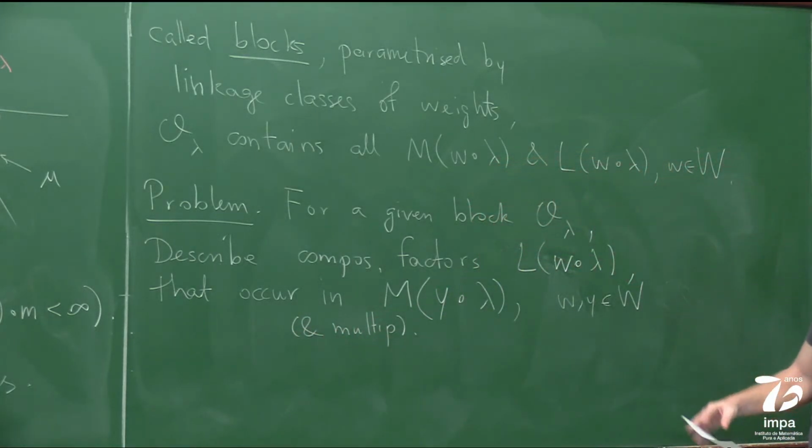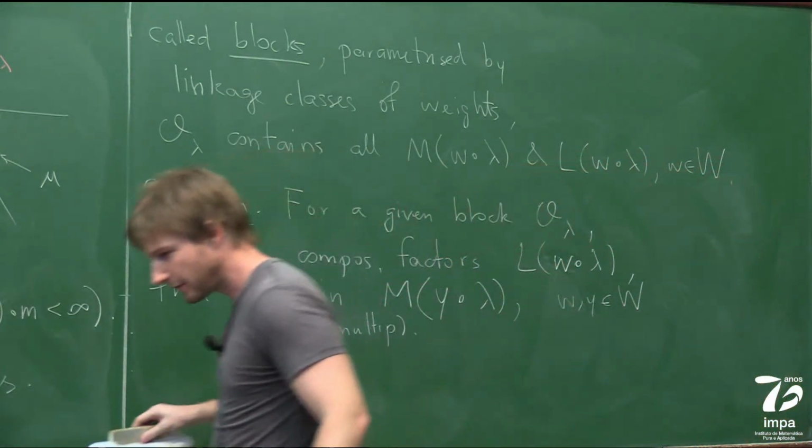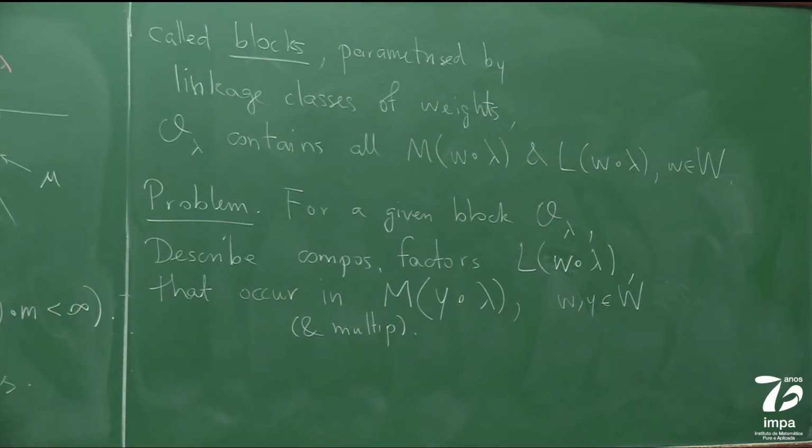Okay, so we've got two finite sets here, two copies of W in a sense, and we want to understand the relationship between them. One is the set of Verma modules associated to elements of the Weyl group, and the other is the irreducible modules.